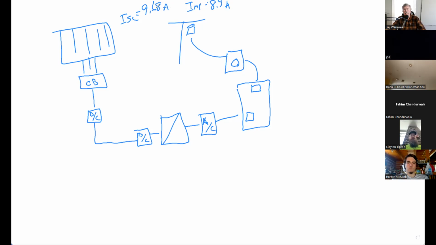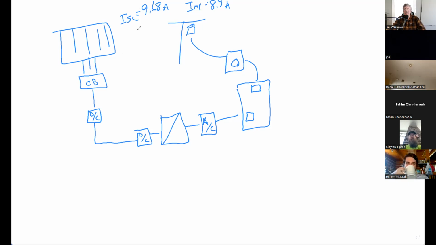Somewhere in there. The ISC is always going to be more than the IMP because that's the theoretical maximum. So the number we're going to use is the ISC in wire sizing. So each of these strings has an ampacity possible of 9.68. Okay, because amps don't increase when we hook them together in a string.